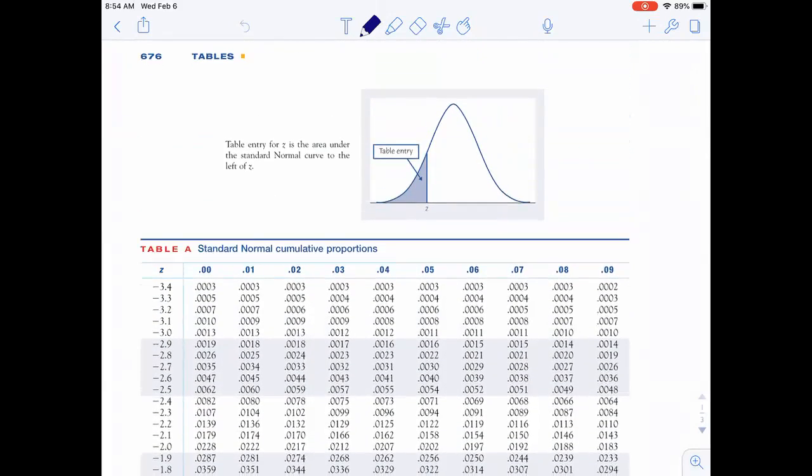I'll show you this. These values are called table entries. So you'll see I didn't pull that out of nowhere. It's saying, okay, here's a table entry. That's the area under the curve. So what we're going to look for is a table entry that's closest to 0.15. It's not going to be bang on often, but we have to find the one that's closest.